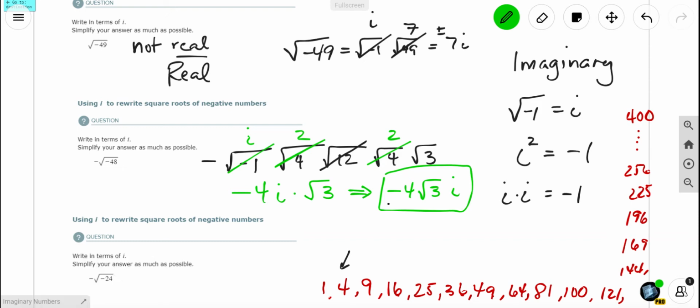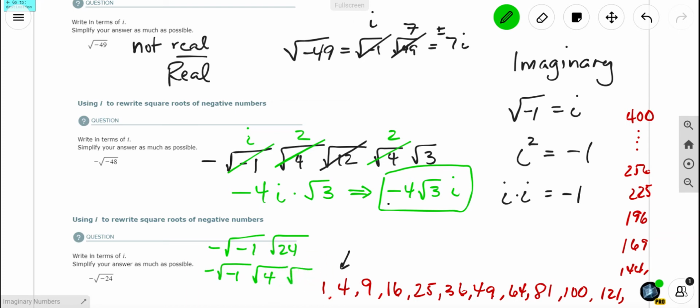Okay, I'm going to get rid of that. So let's take a look at the square root of negative 24. We're going to take out the negative 1 and now do 24. I could do it like this, just to show you the breakdown of the pieces.